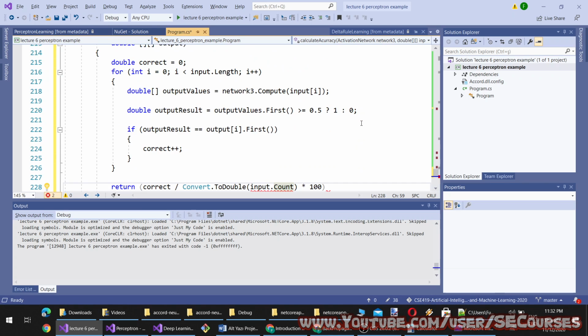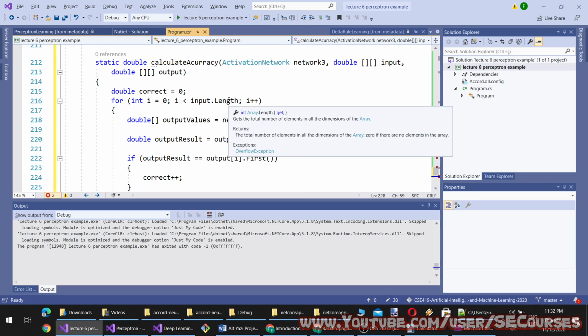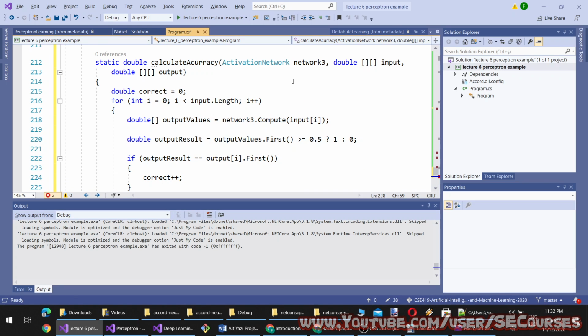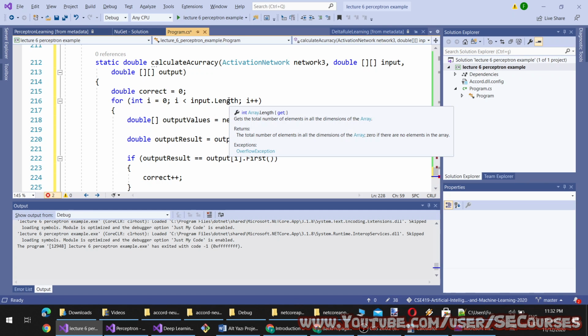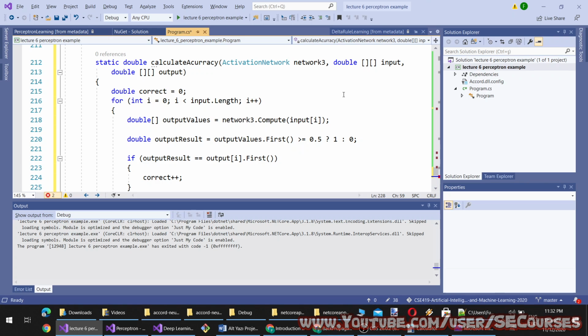Oh, by the way, so gets all the number of elements.